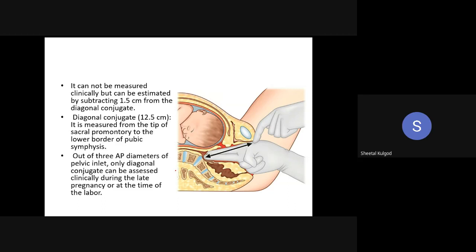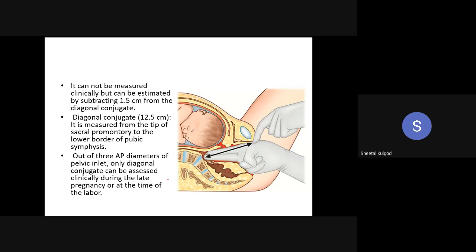Now, another thing you have to remember is that clinically, if you want to measure the anterior posterior diameters of the inlet during pelvic assessment, it is not possible to assess the true as well as the obstetric conjugate. These can only be assessed radiologically, or through other means like ultrasound or MRI.